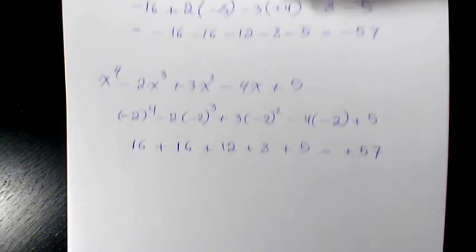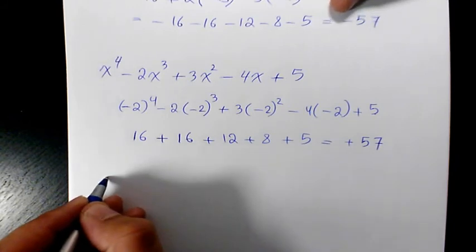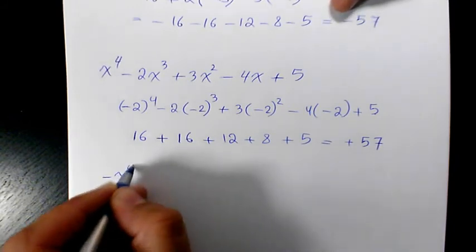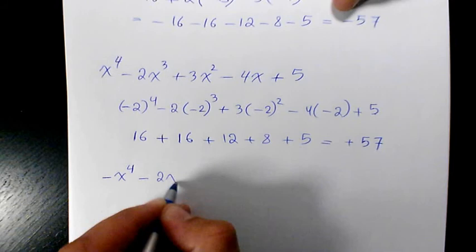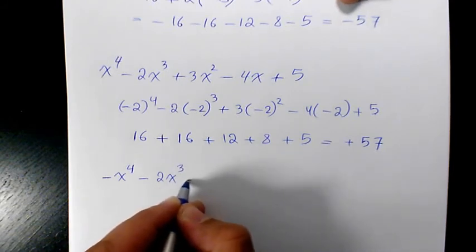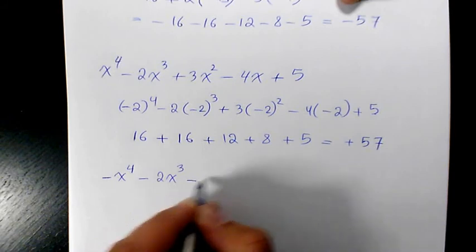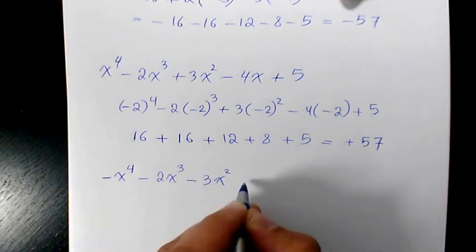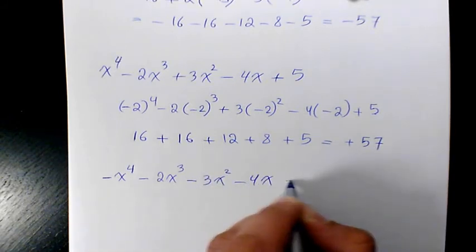And the last one is going to be negative x to the power of 4 minus 2x cubed minus 3x squared minus 4x plus 5.